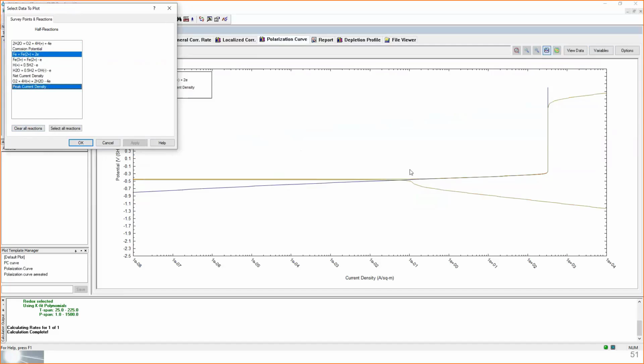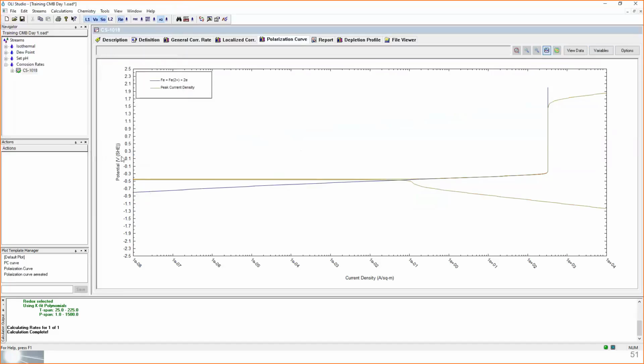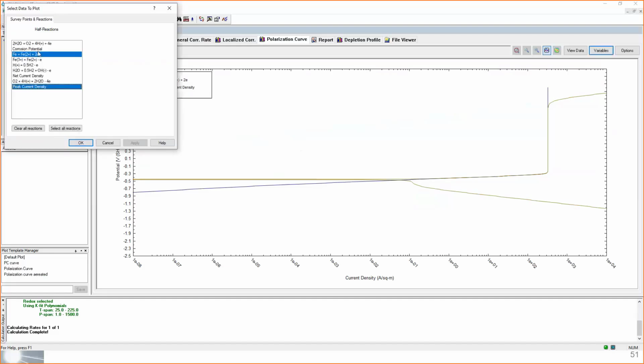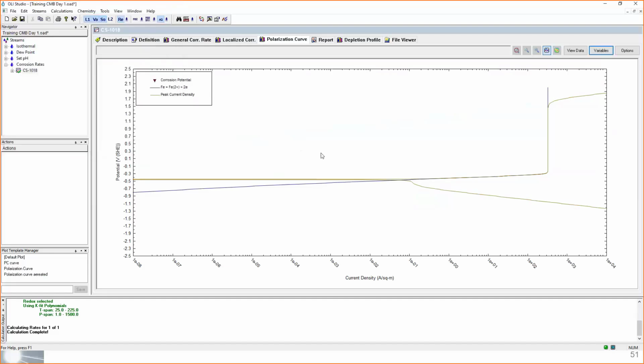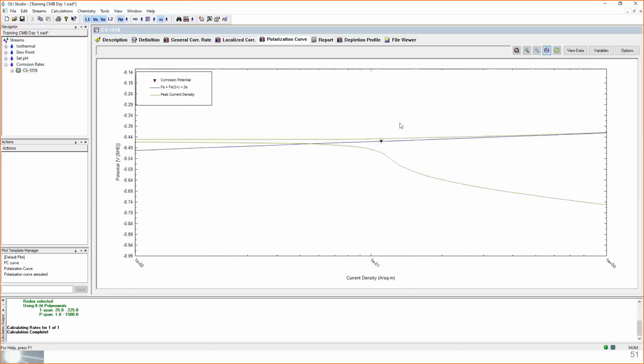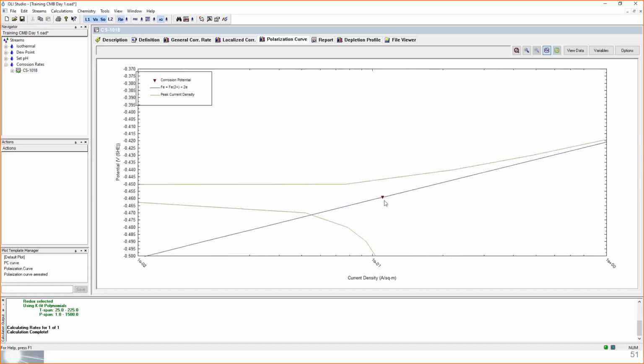Yes. So you'll see here that there is the anodic dissolution, and I need to put the corrosion potential, right? So you have the corrosion potential, and you also have this peak current density.